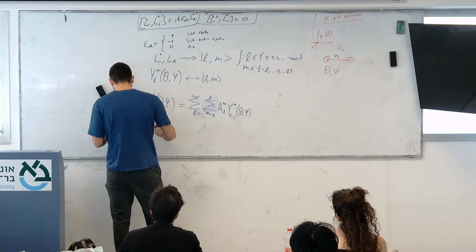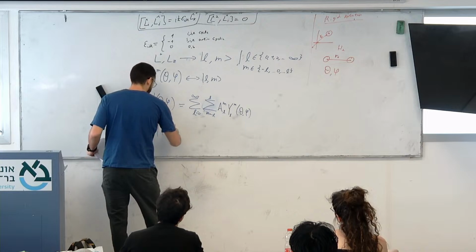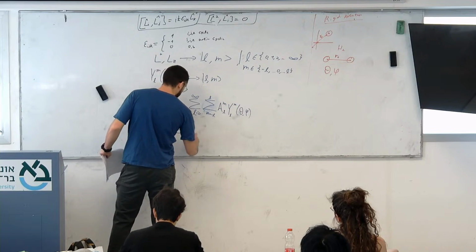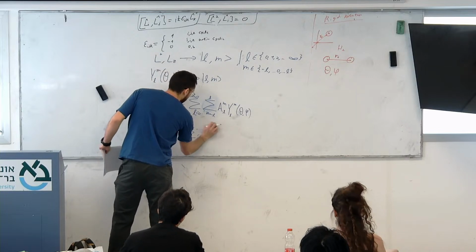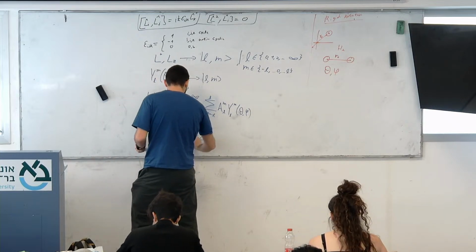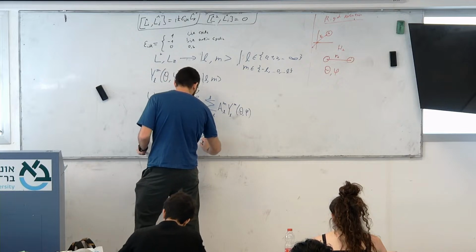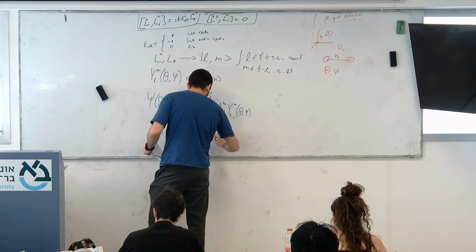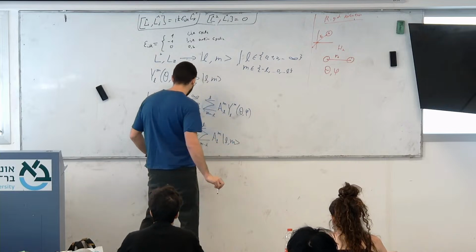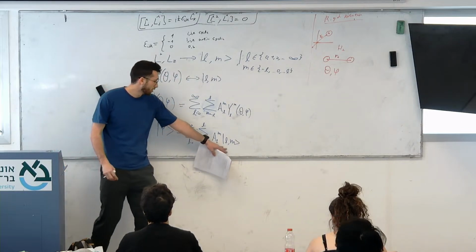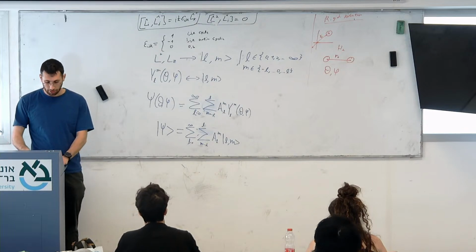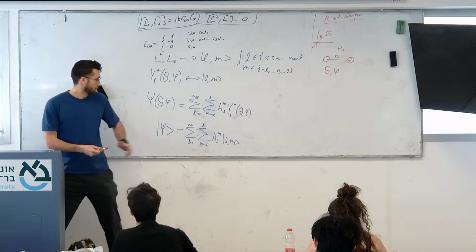What we're going to write is that our state, psi, our eigenstate, is going to be the sum over L from 0 to infinity, M from minus L to L, of ALM times the state L, M. So the state can be represented as superpositions of L and M. Just making sure, you assume that R is a constant. Yes, and so you put it inside the ALM. Exactly.